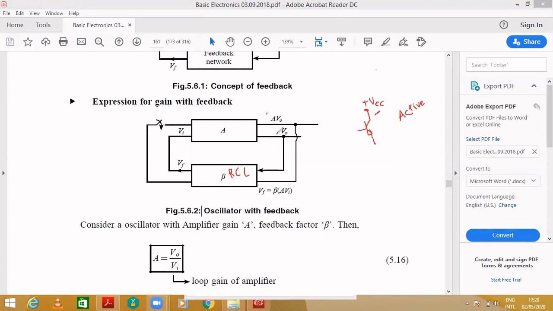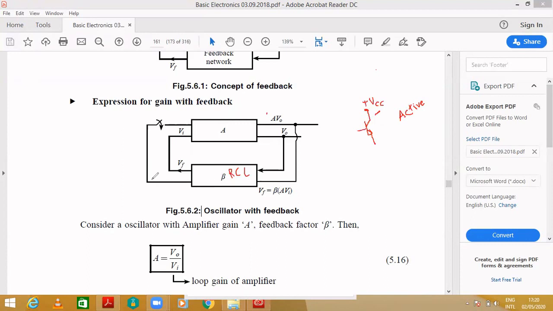By taking an incoming signal, it will not be making anything. The characteristic of a feedback network is that it will just increase the gain. It will absorb the signal, and by using these passive components, it will increase the gain.